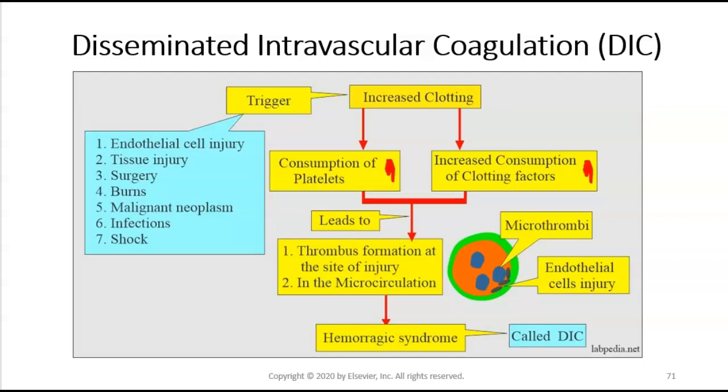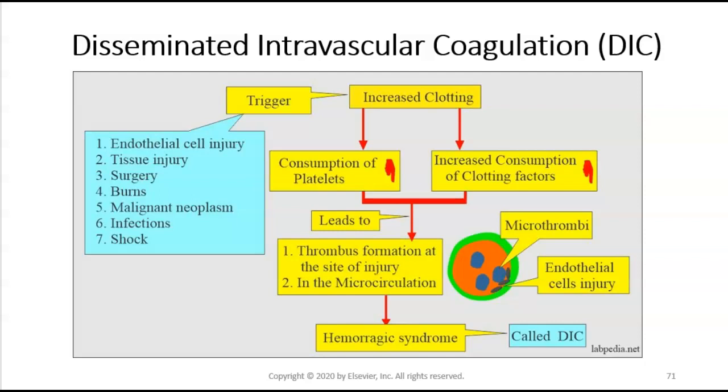The trigger can be, as you can see listed here: injuries, surgeries, burns, cancers, infections, shock. By far and away, the most common that we see this in would be sepsis, so infections.